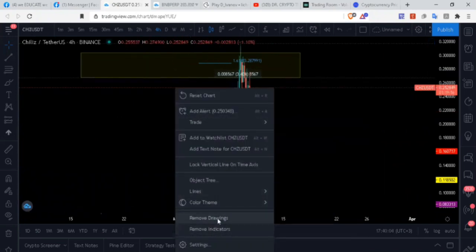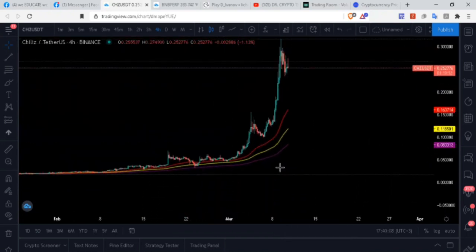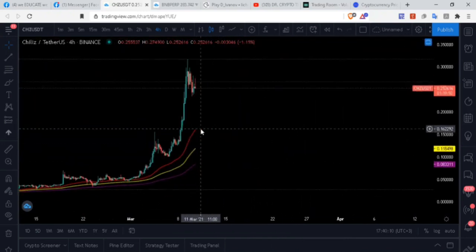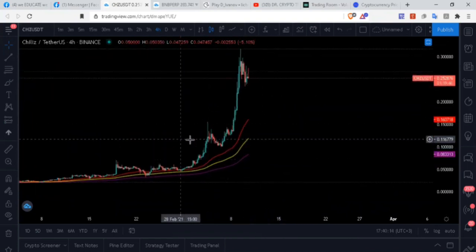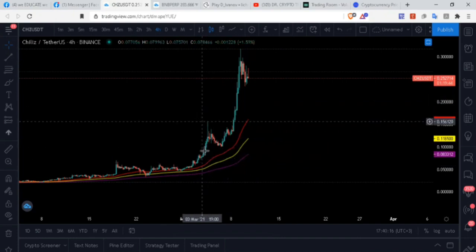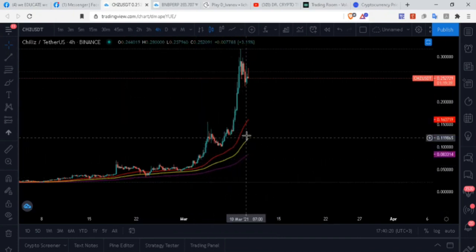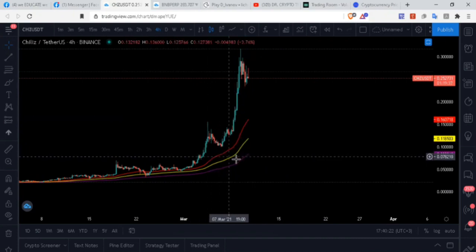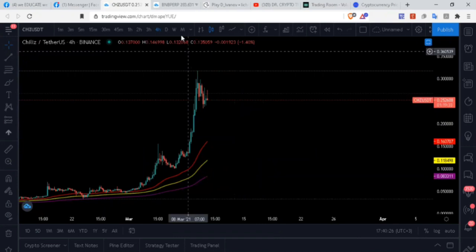Okay, have you noticed this Chiliz coin? This is trending because all the moving averages are below the price. This is 50, 100, and 200. So this is a trending coin.